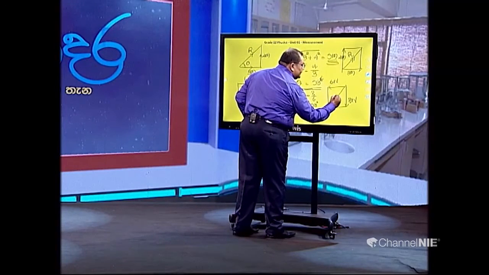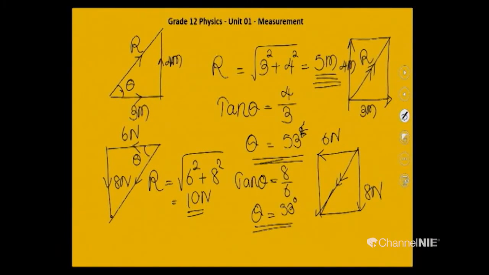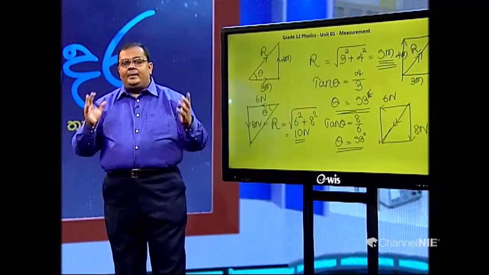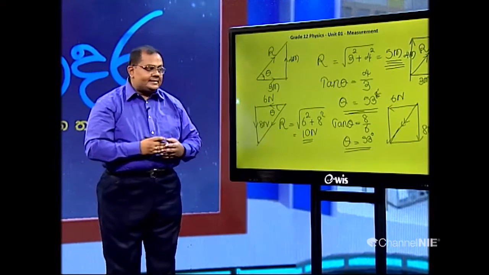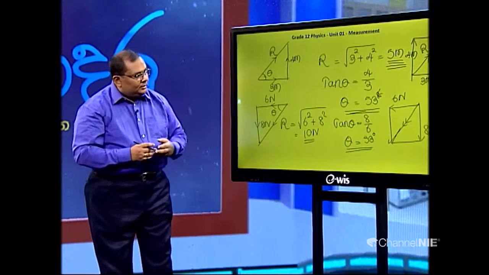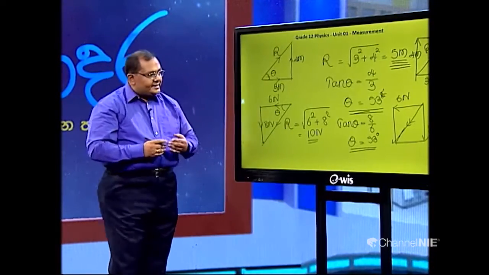Here to here, it's again how much? It should be equal to this 10 again, right? Same thing. Therefore, vectors can be given like this or that, whatever the method. Always, if they are perpendicular vectors, you have to use the Pythagoras principle to find the resultant of them. Now, we can do more examples here.